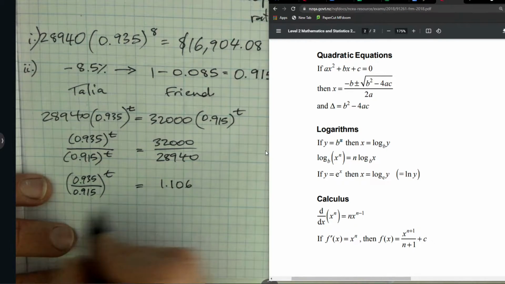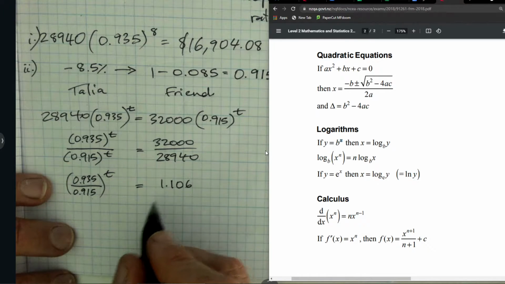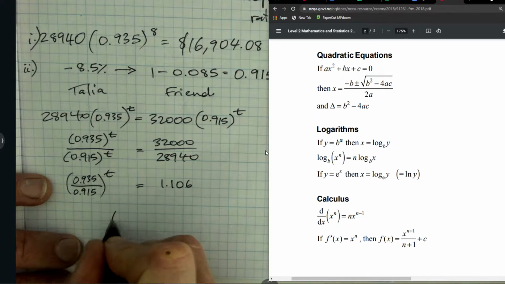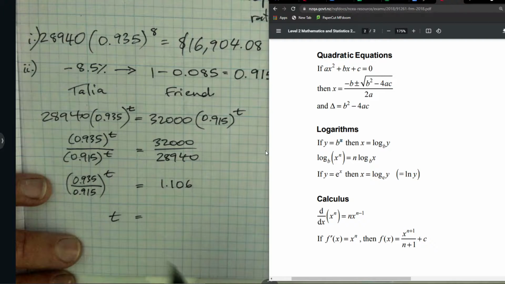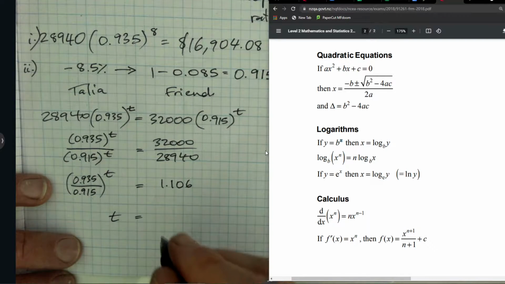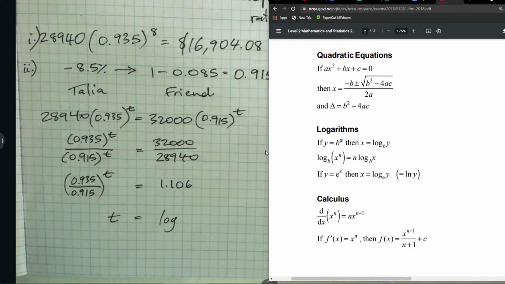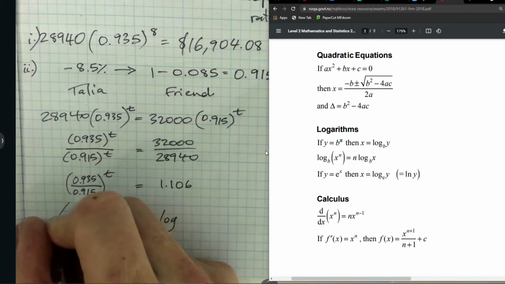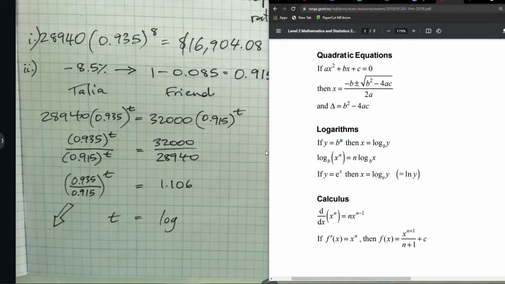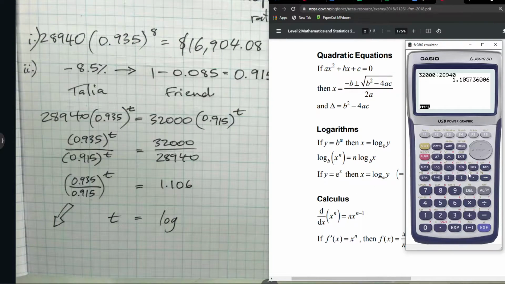So we can do a little switcheroo here. So we can now say that t is equal to log of the base... oh, maybe I should find this thing here. I'm just going to quickly find that. It will make the working out look way tidier.